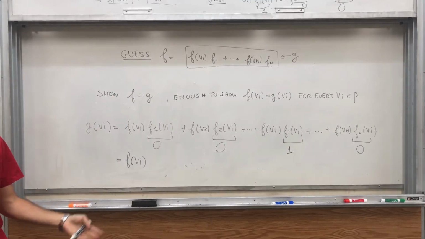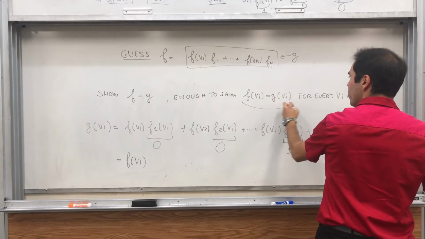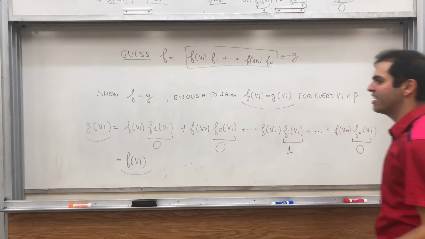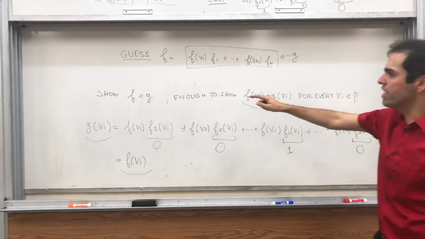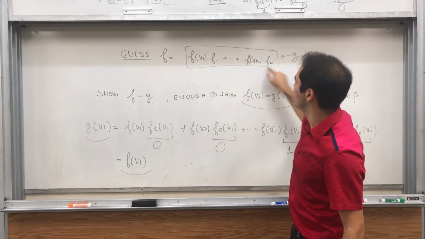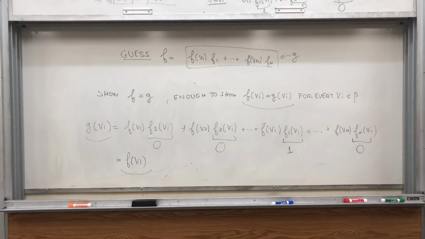But look how beautiful linear algebra is. That's exactly what we wanted to show. We wanted to show that f of vi equals g of vi. And therefore, in terms of linear transformations, they are equal. F equals g, but then g is this function by definition. So f equals this linear combo.